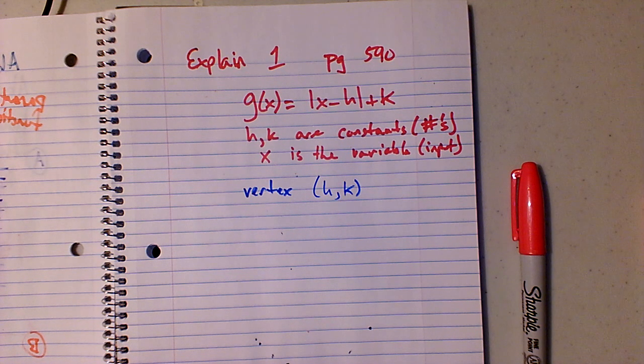So I'm moving from the origin with the parent graph to my new transformed graph, and the vertex will be (h, k).